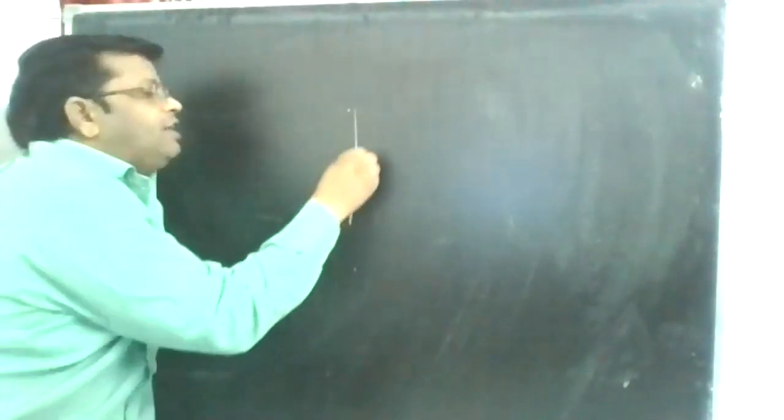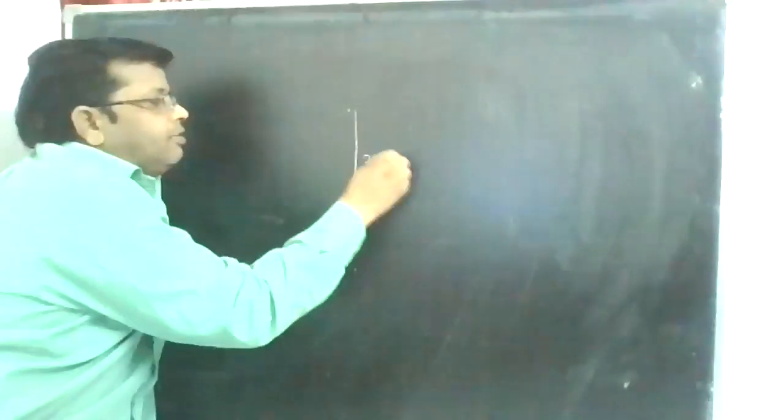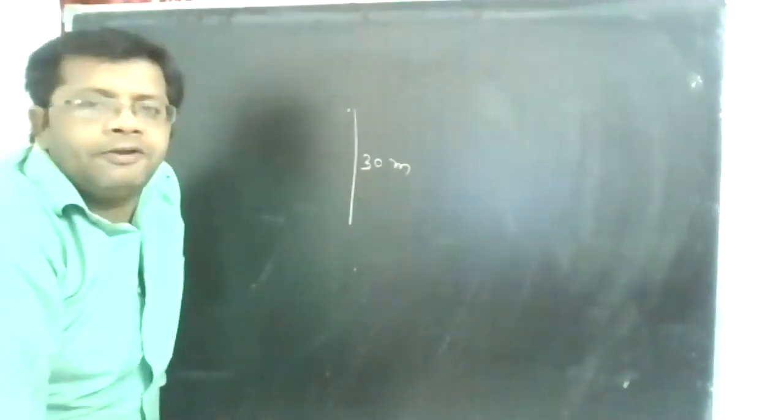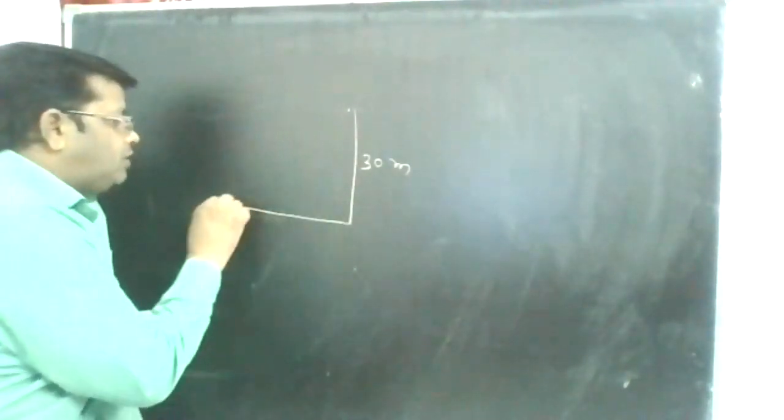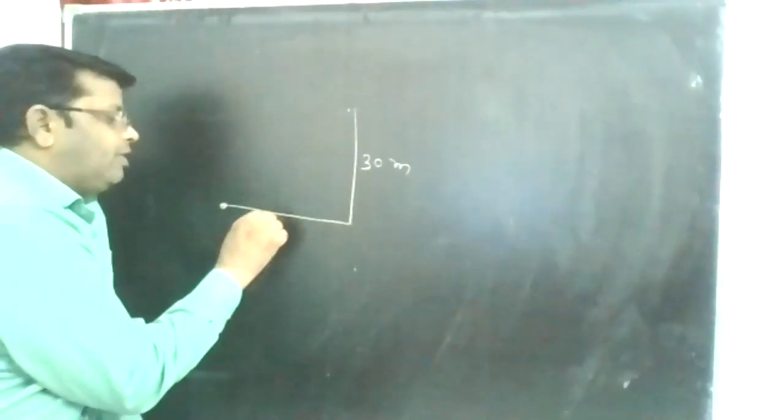One question is there. For example, a pillar of height 30 meter is there at a horizontal distance of 20 meter.